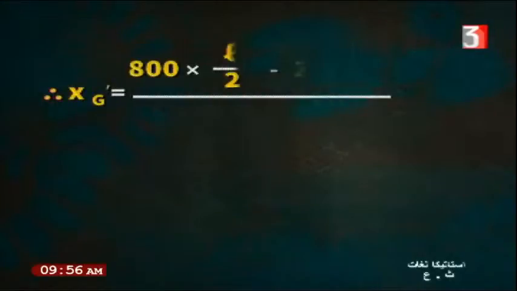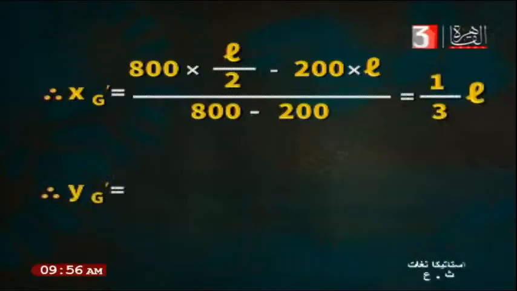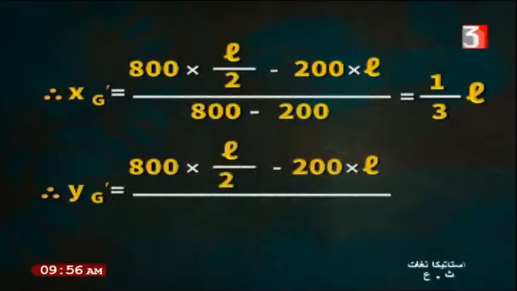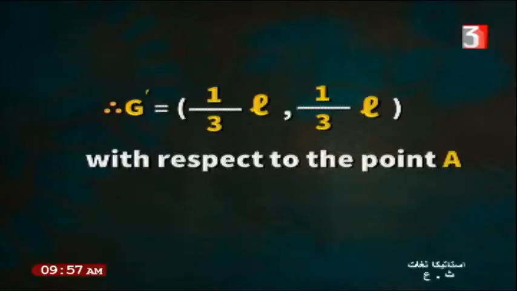XG dash equals 800 times L over 2 minus 200 times L over 800 minus 200 equals a third L. Also YG dash equals 800 times L over 2 minus 200 times L over 800 minus 200 equals a third L. Therefore, G dash is third L, third L. Then the remaining body's center of gravity is at a distance of a third of L with respect to the point A.